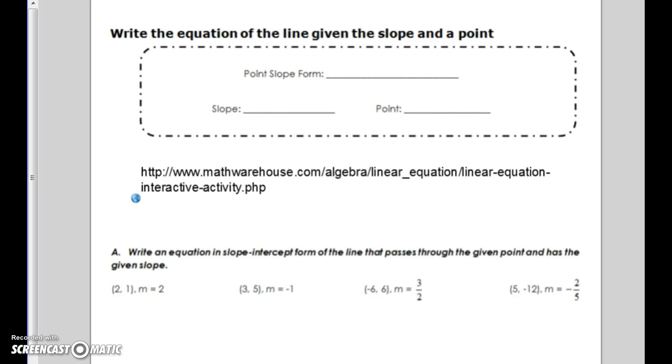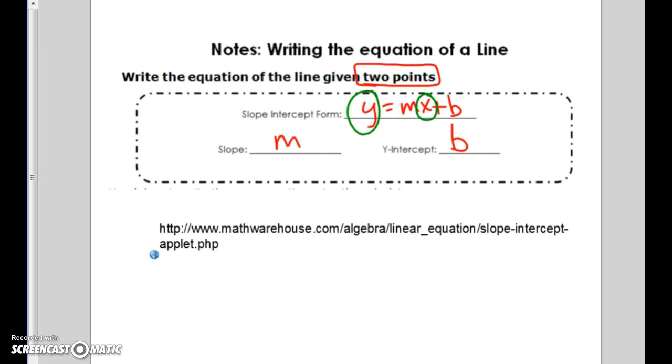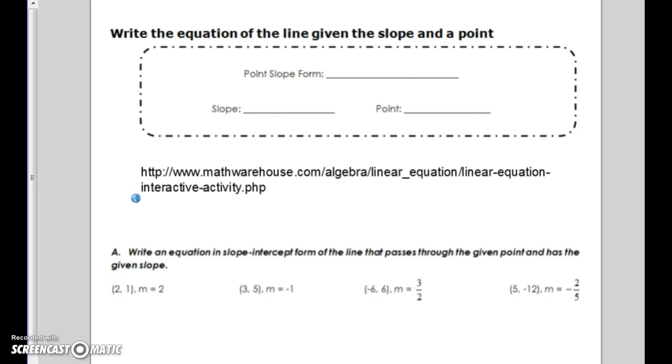Okay, so let's change over. Now, instead of doing slope-intercept form, where they gave you the slope and the y-intercept, there's another form that we're going to talk about today, and it's called point slope form, because they're going to give you a point and a slope. What do we use for slope? M, very good.